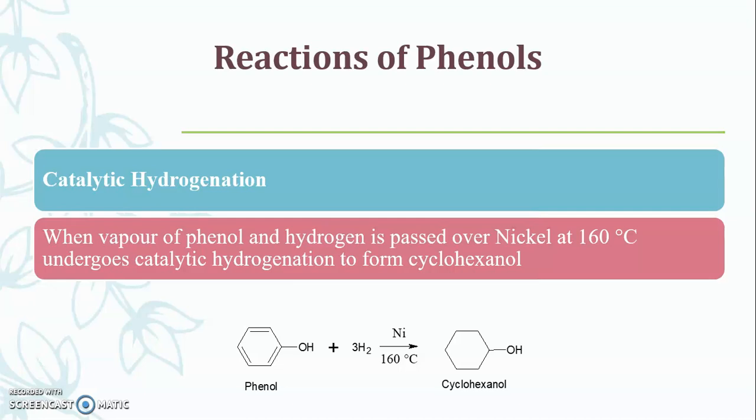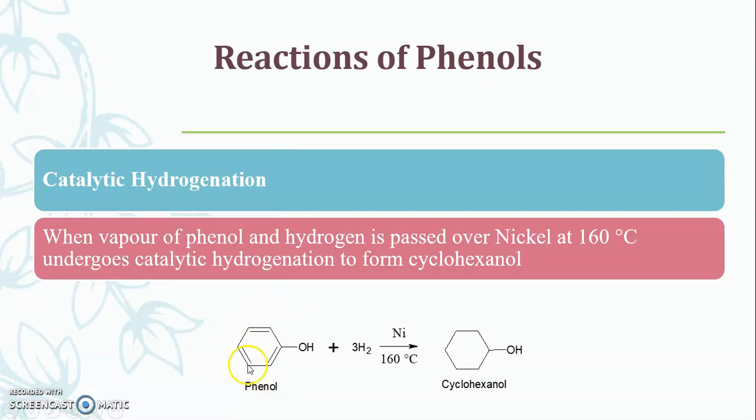So whatever the unsaturated part is there will be converted into the saturated part by using catalytic hydrogenation. As you see in this structure of phenol, how many double bonds are present? Yes, obviously it's 3. So you will require 3 moles of hydrogen to convert these 3 unsaturated double bonds into single bonds.